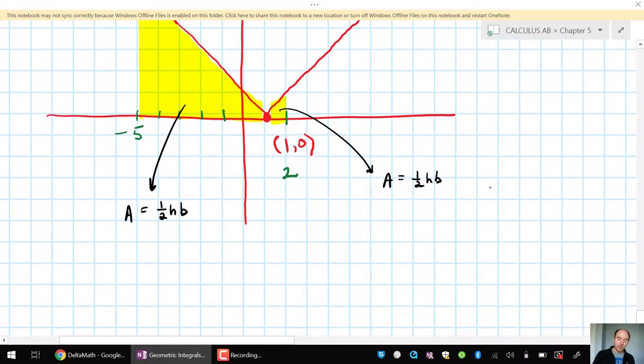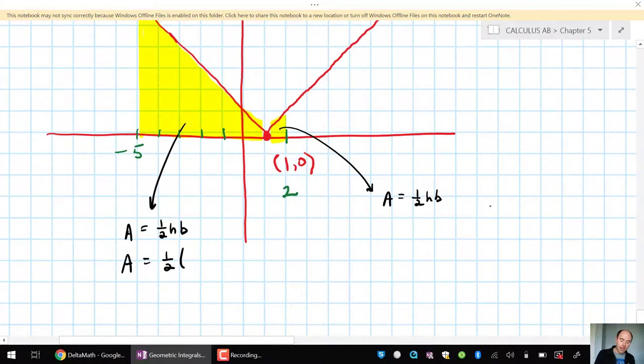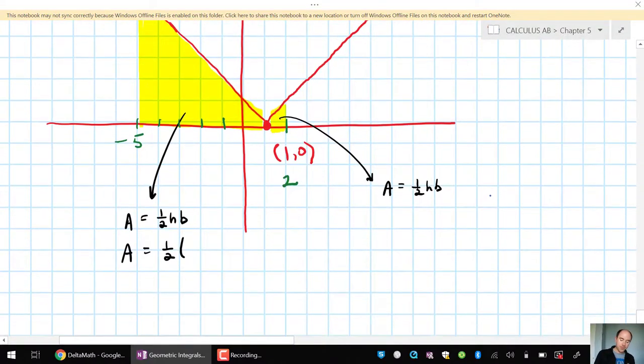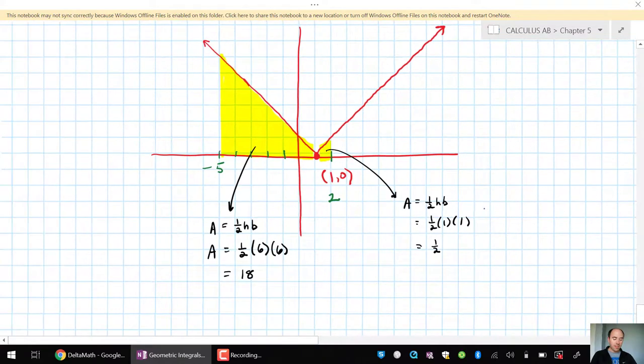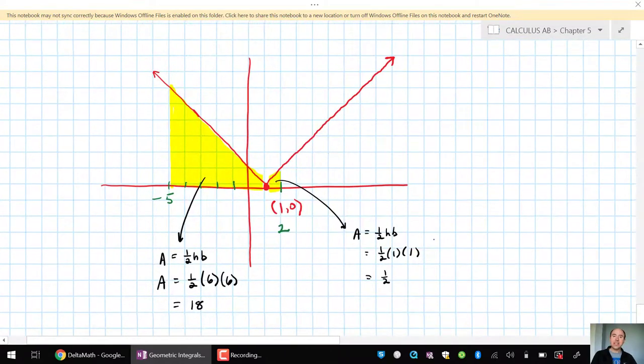So if we compute this, on the left here, the height appears to be 6, and its base is also 6. So 18 will be that triangle on the left, and then the tiny little triangle is actually 1/2 of a unit squared. I can confirm that here, 1/2 times 1 times 1, or simply 1/2. So the value of this definite integral will be 18.5.